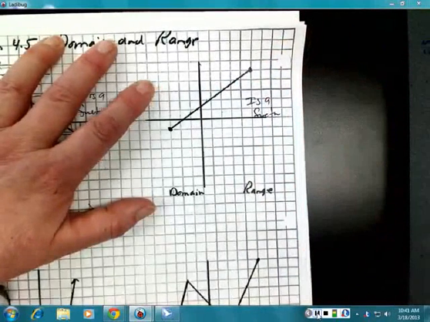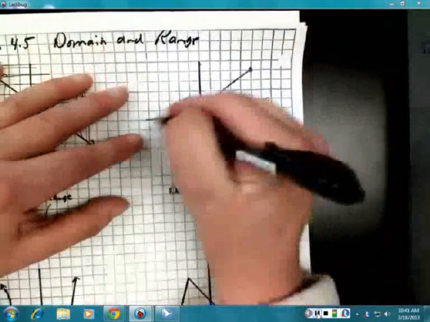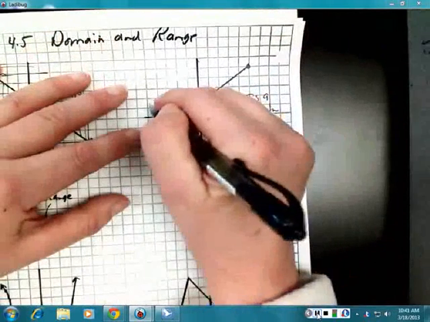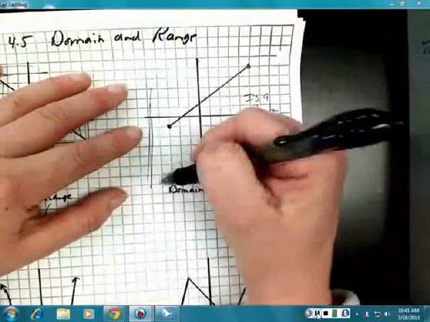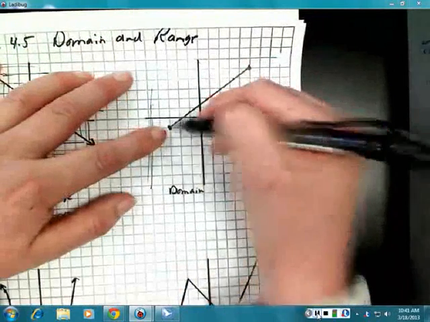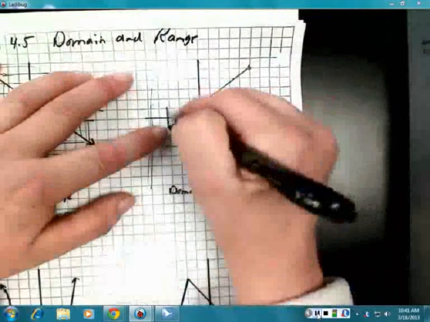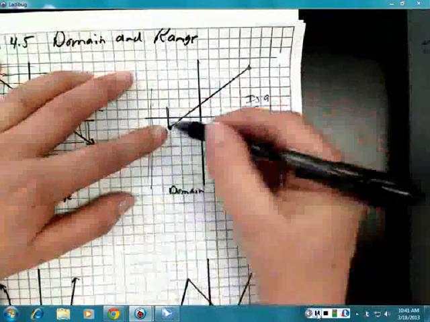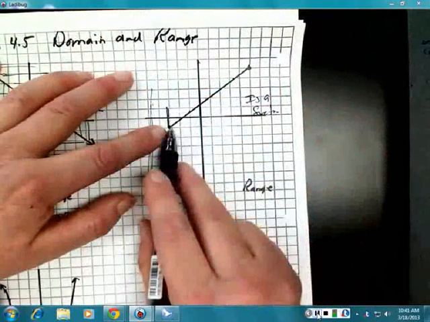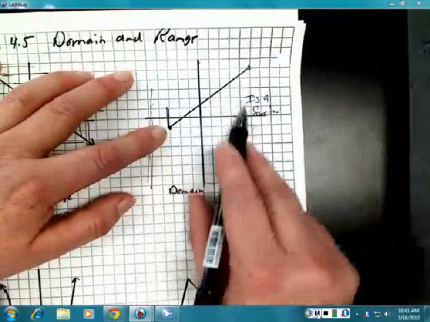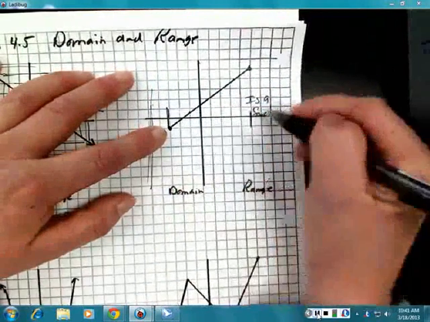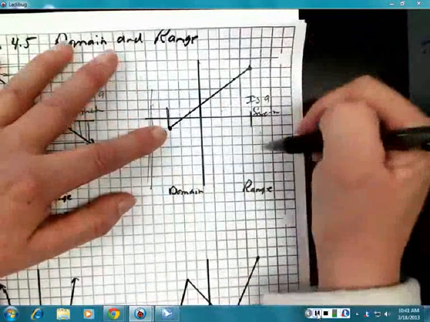But what's its domain? Well, if I'm on X and I'm over here and I go down, I don't hit anything, do I? If I keep going in this spot, I hit nothing. I start hitting something right here. So what does that mean? Well, that means my domain is going to go from here, and you keep hitting something there and there and there and there and there, and I get right to here, and then I don't hit anything after that. Do you see that?